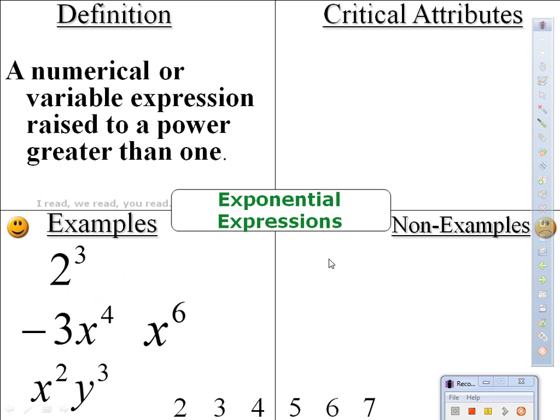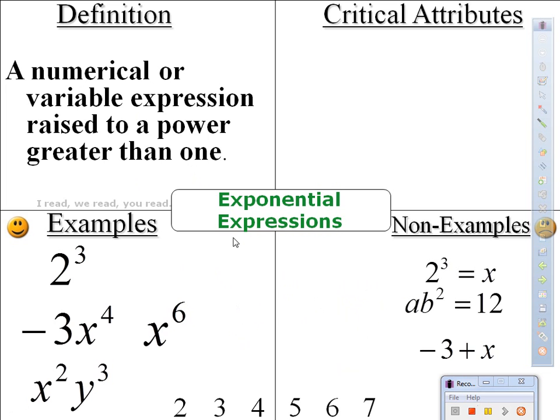Non-examples: 2 cubed equals x, a times b squared equals 12, and negative 3 plus x.